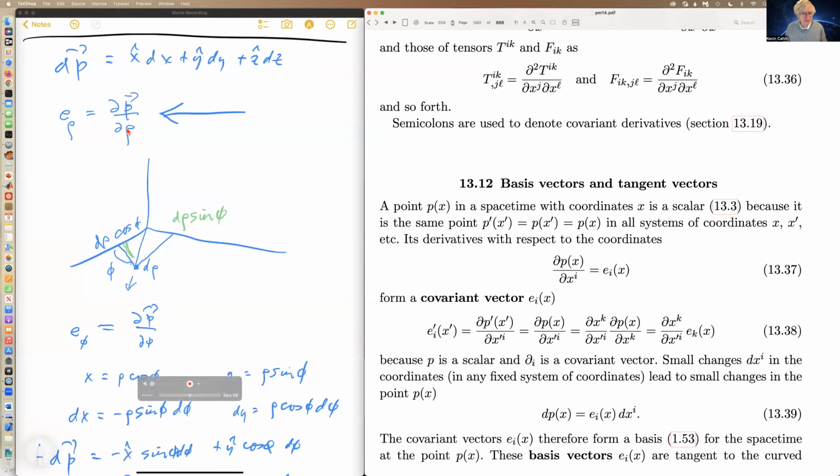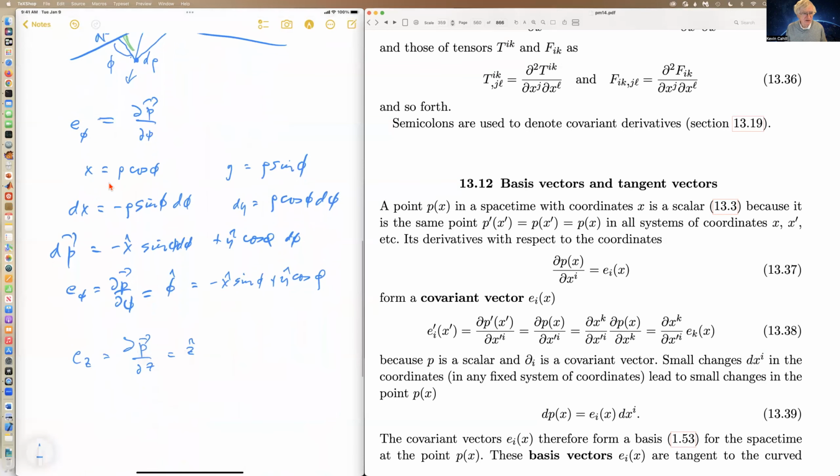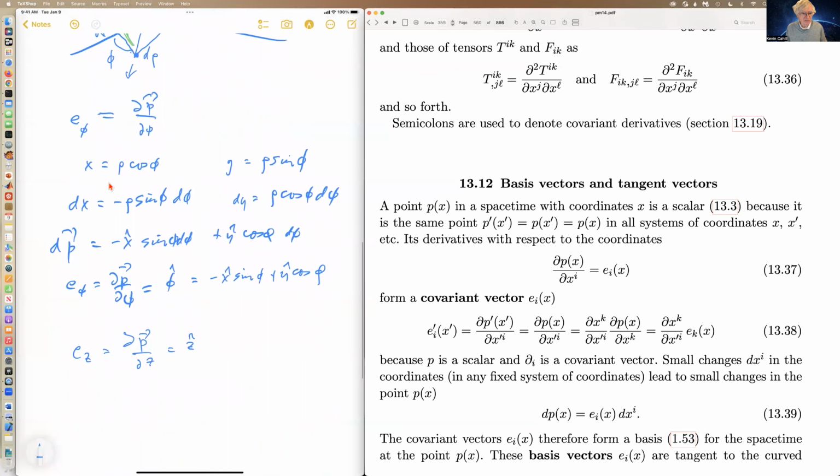In this case, for E phi it turns out to be this combination. For E z it's just how does a point change when you change z? Well, it just goes in the z hat direction.